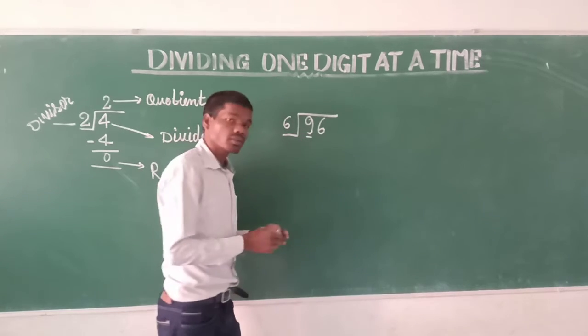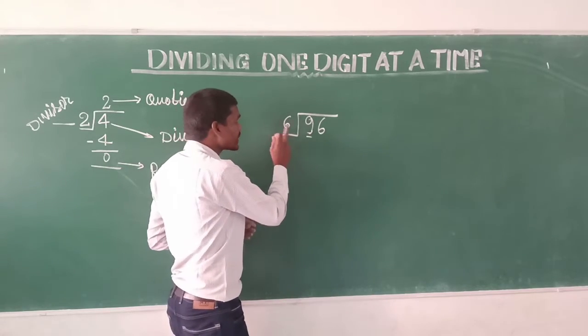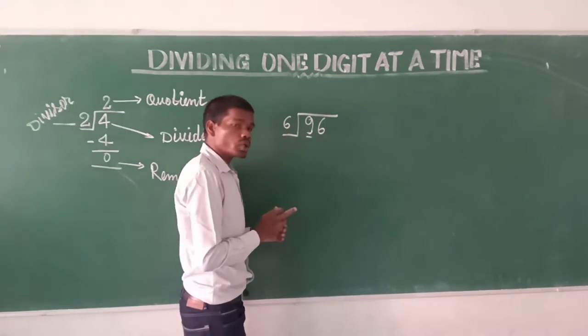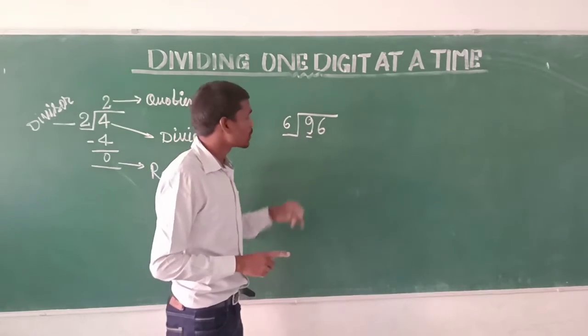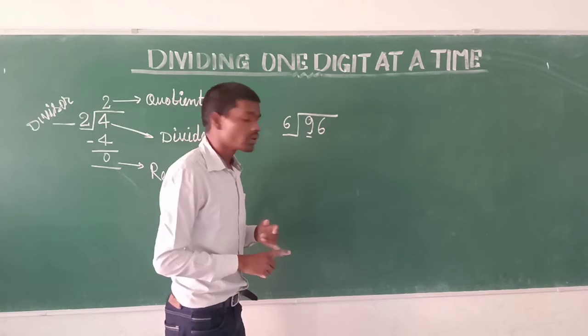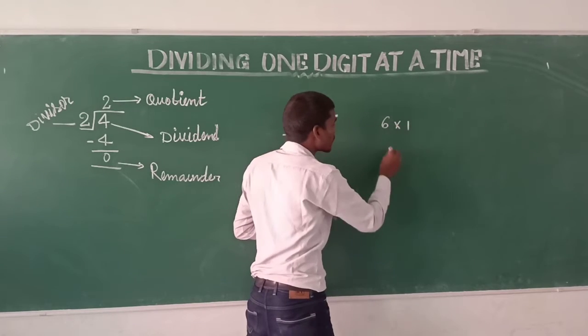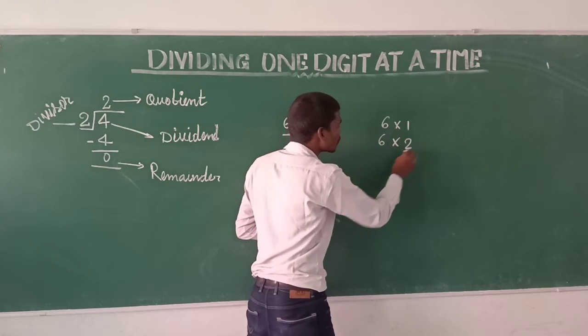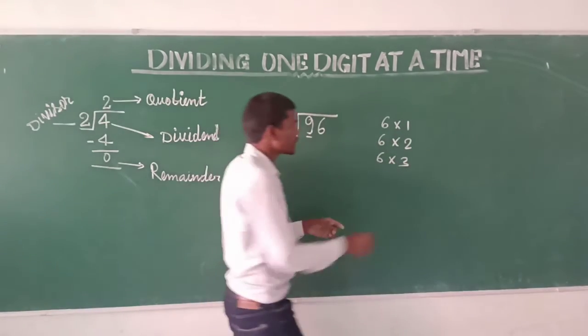And this is bigger. Now what we can do? Here 6 is there and here 9 is there. So how many times we can say the table? 6 into 1, 6 into 2, 6 into 3. We know the table?